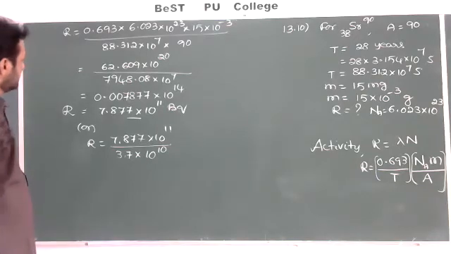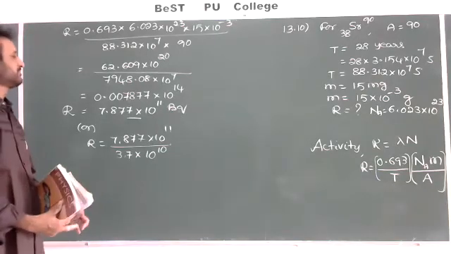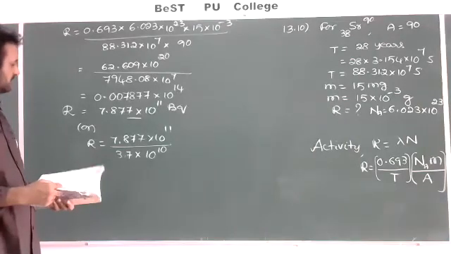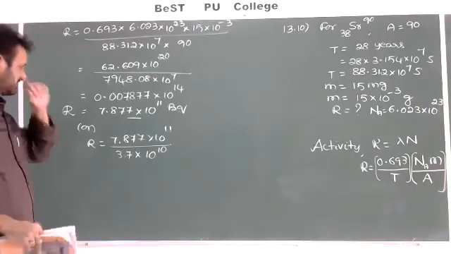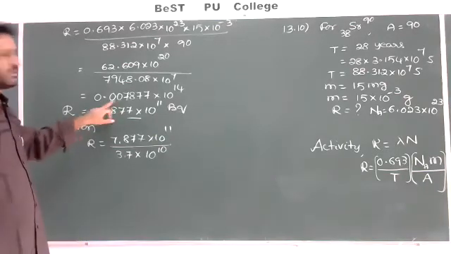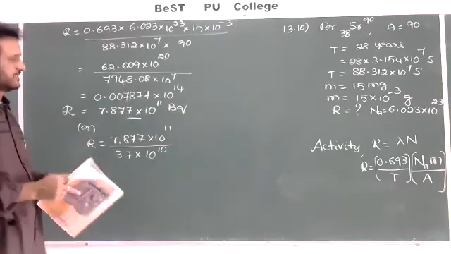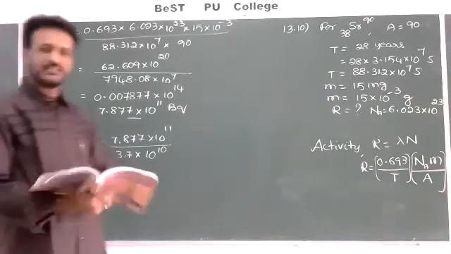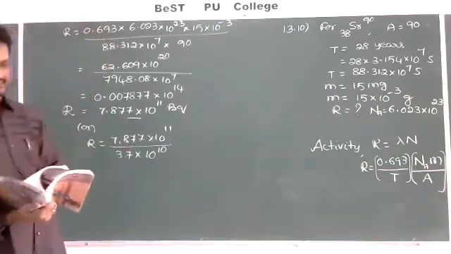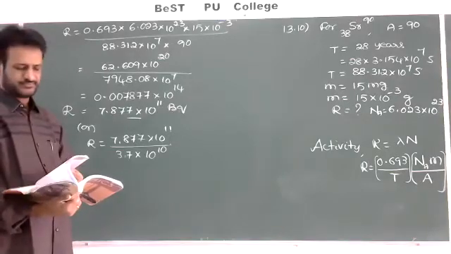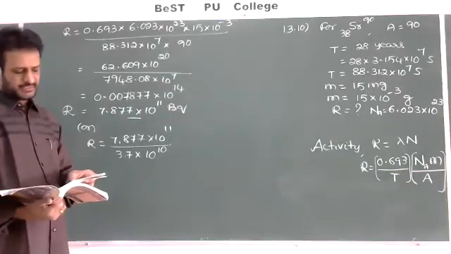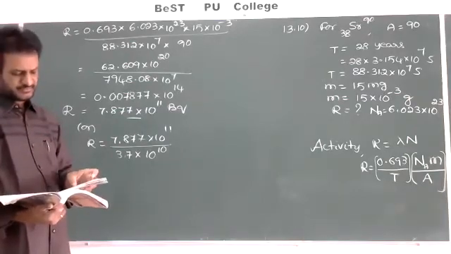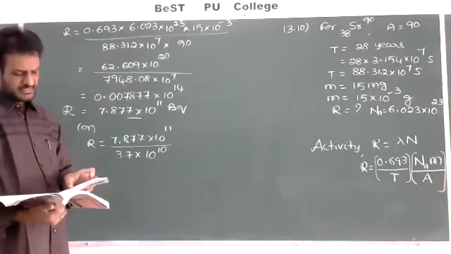So check the value, correct? In the textbook they directly gave 7.877 into 10 to the power of 10 becquerel.